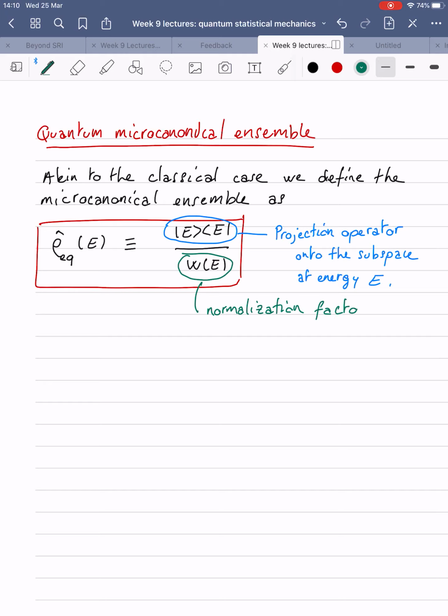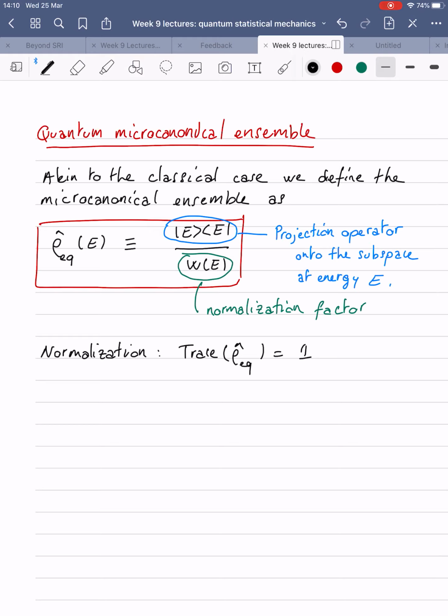So we are going to do what we did for the canonical ensemble. First, the normalization is that the trace of rho has to be equal to 1.